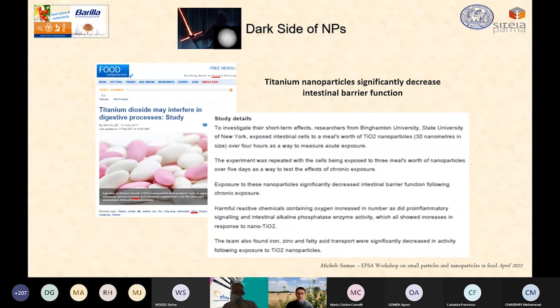Some of them we were also discussing in the previous hours and yesterday about some risks, like in this case the decrease of intestinal barrier function that could be associated with some effects from the nanoparticles themselves.